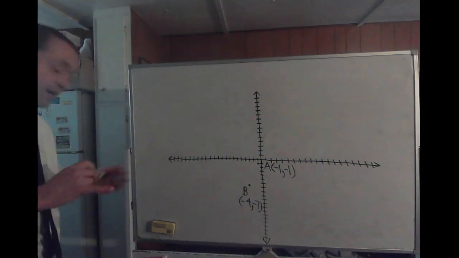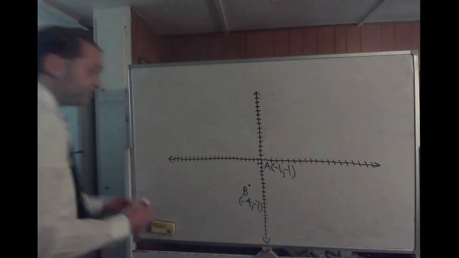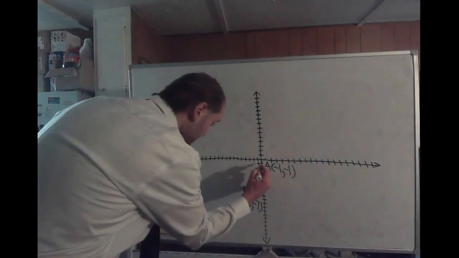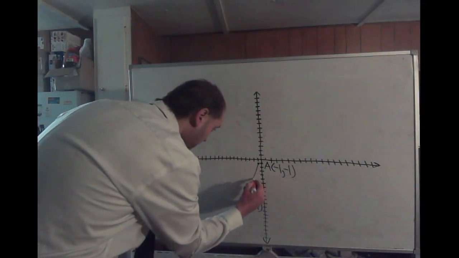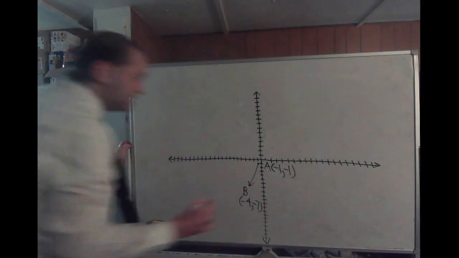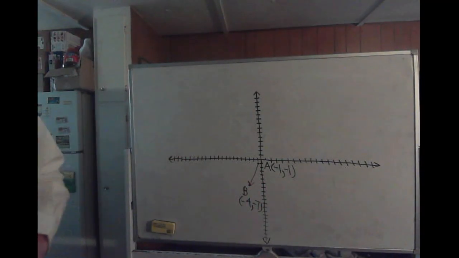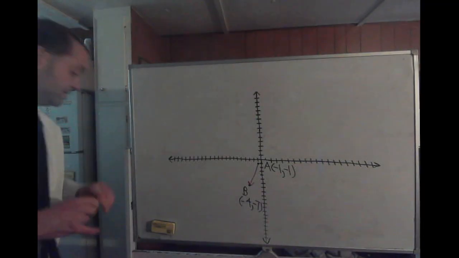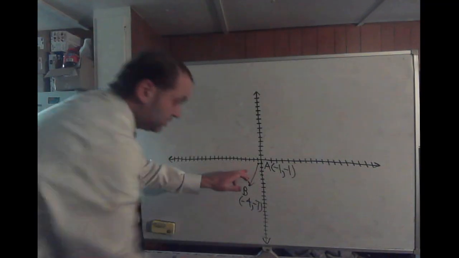So again, we're going to find the vector from A to B. Start at point A, and the end of your arrow will rest on point B. That denotes that you're going from A to B. So there's what the vector looks like.